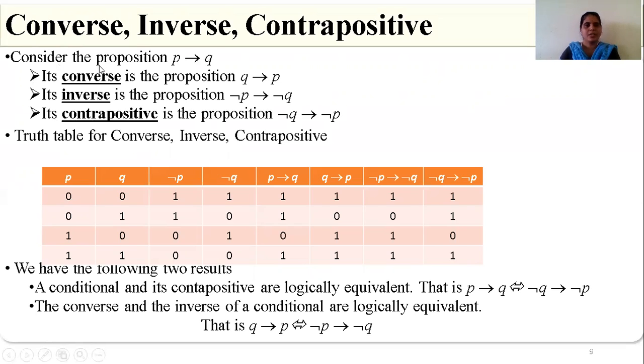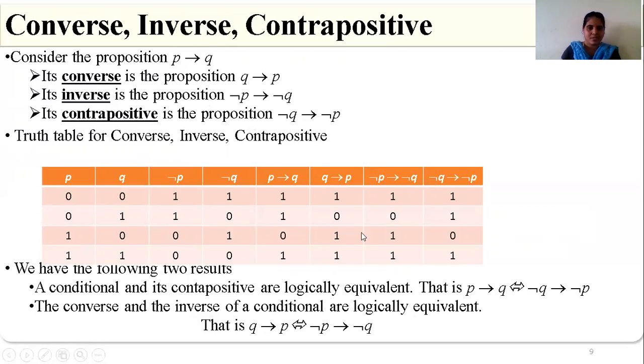Consider how to write a converse, inverse, and contrapositive for a logically implied compound proposition, that is P implies Q. If we have a proposition P implies Q, the converse of this proposition is Q implies P. The inverse will be negation of P implies negation of Q. The contrapositive will be negation of Q implies negation of P.